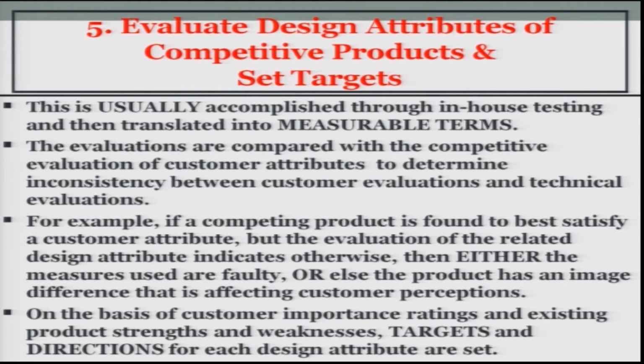For example, if a competing product is found to best satisfy a customer's attribute, but the evaluation of the related design attributes indicates otherwise, then either the measures used are faulty, or else the product has an image which is different and is affecting the customer's perception, based on which his or her customer requirements have been designed.